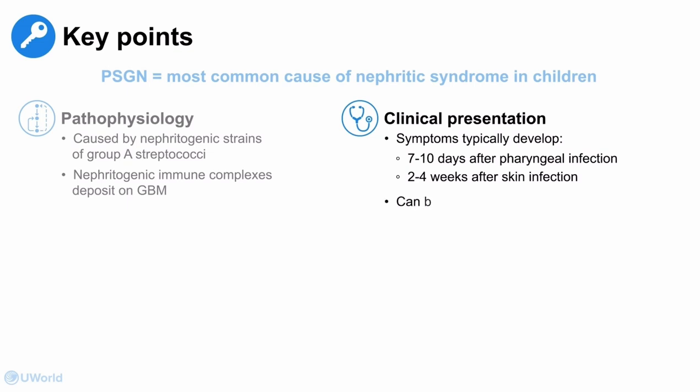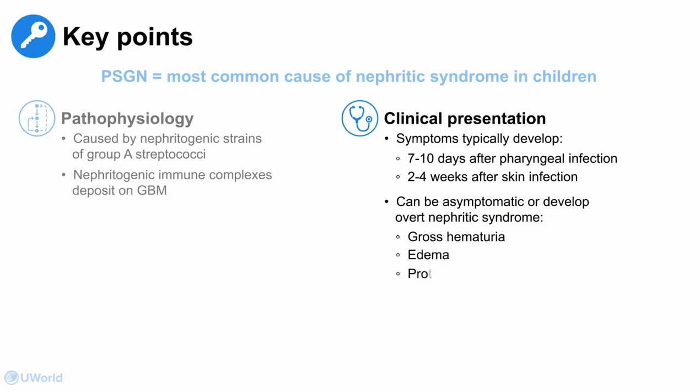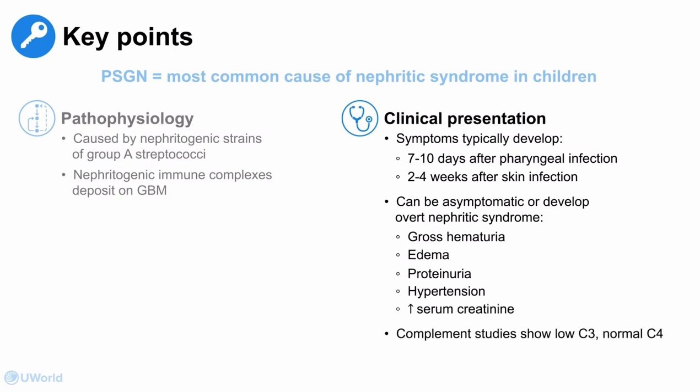Many patients are asymptomatic with only microscopic hematuria, but others can develop one or more findings of overt nephritic syndrome, including gross hematuria, edema, proteinuria, hypertension, and increased serum creatinine. Low serum C3 and normal serum C4 levels are also characteristic.